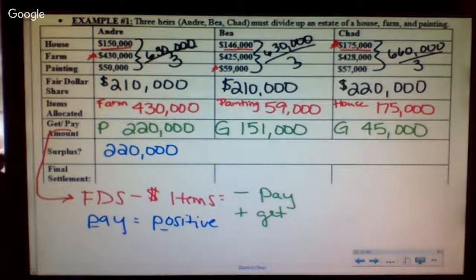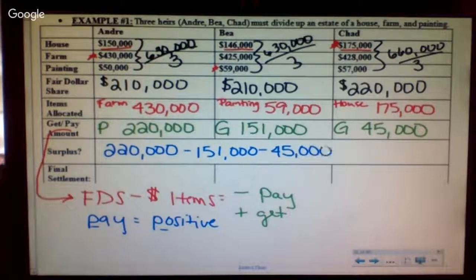P matches with P. If you're giving money, you're dipping into the account and taking from it. If you're paying into the account, it's like you're depositing money in. If you're getting from the account, you're withdrawing, you're taking out. What does that equal?